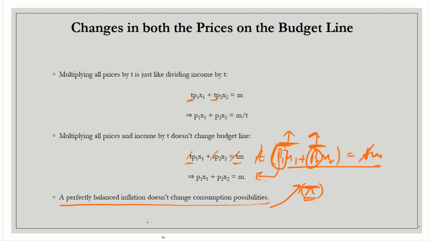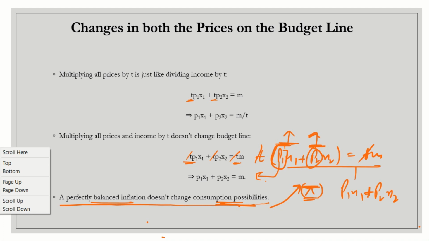That's why it's the same t. So there will be no impact. A perfectly balanced inflation does not change consumption possibilities, because your budget line, p1 x1 plus p2 x2, remains the same when the entire equation is multiplied by t on both sides, right? So this is what it essentially means.